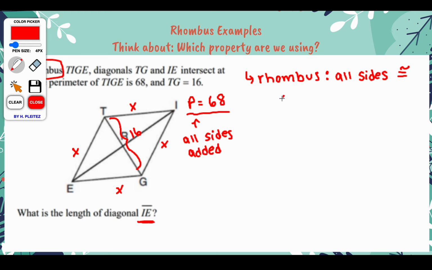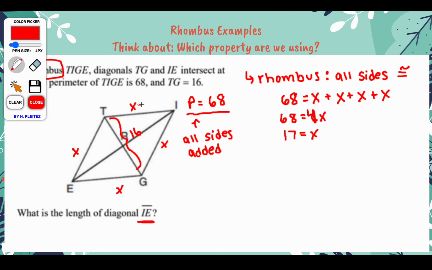So I know that my perimeter is adding up all the sides. So 68 is going to be equal to X plus X plus X plus X, because that's what all four of my sides are going to be. So if I simplify, I'll get 68 equals 4X, and then I can figure out what X is going to be, which is going to be 17.